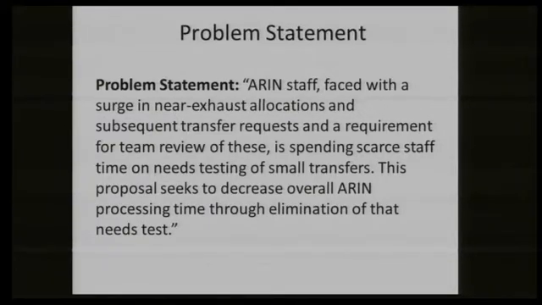So the problem statement is that ARIN staff, faced with a surge in near exhaustion allocation and subsequent transfer requests and a requirement for team review, are spending a lot of time on small transfers. Get rid of the needs test, that'll take some of the burden off.